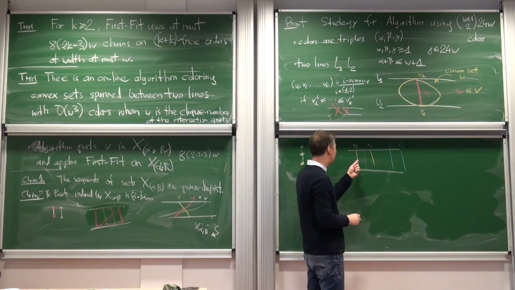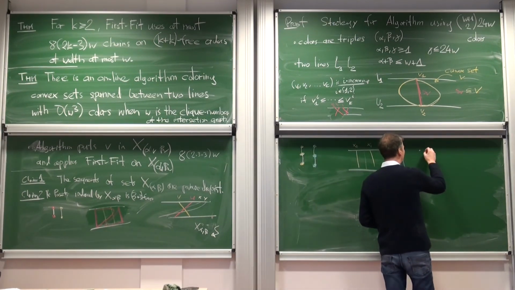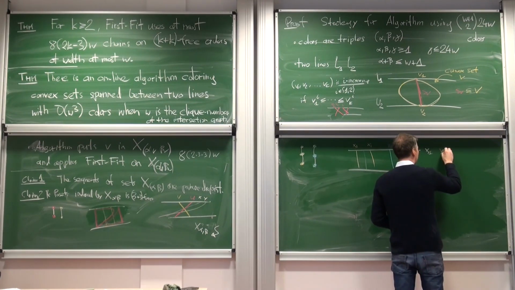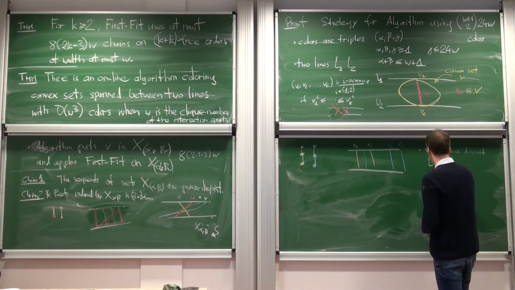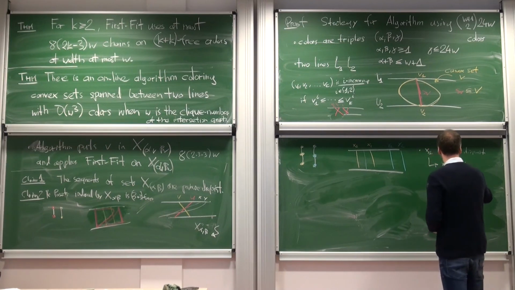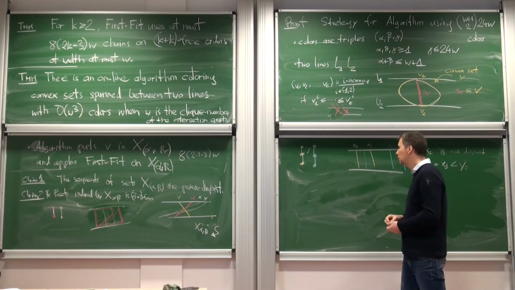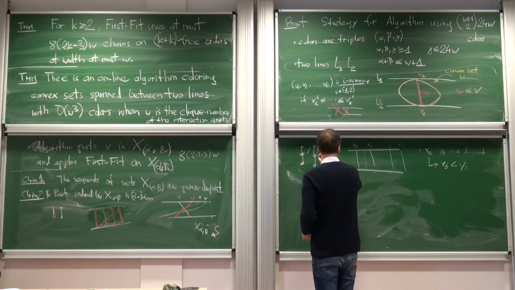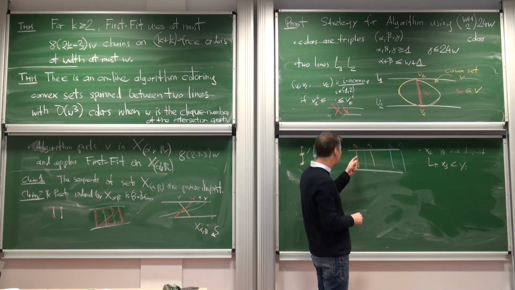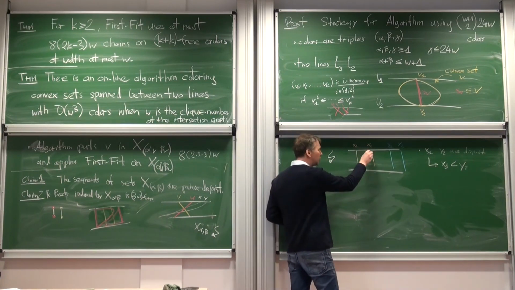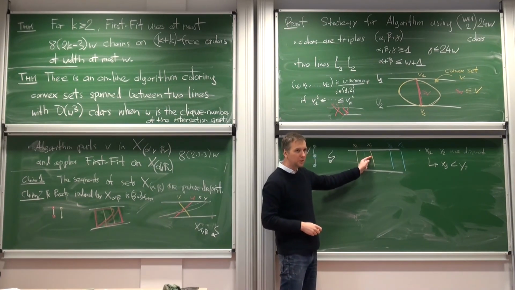And now I claim that the set of x1 is disjoint with the set of y2. x1 and y2 are disjoint. Which in our language would mean that x1 is less than y2. In the posets, we would have some comparability here, which would be a contradiction of the existence of a 3 plus 3. So why are x1, y2 disjoint? Well, set x1 is disjoint with set x2, so in particular, x1 is disjoint with the segment of x2.